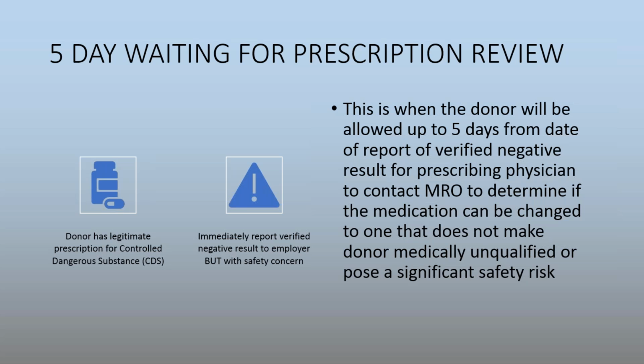What the MRO will do is immediately report a verified negative result to the employer, but will also report that with a qualifier, with a safety concern. This is when the donor will be allowed up to 5 days from the date of the verified negative result for the prescribing physician to contact the MRO to determine if the medication can be changed to one that does not make the donor medically unqualified or pose a significant safety risk.